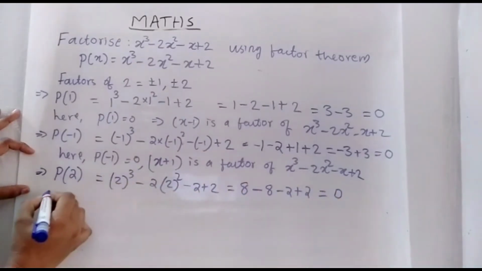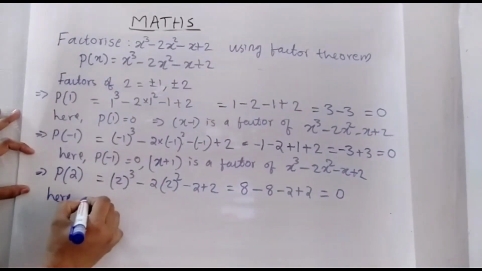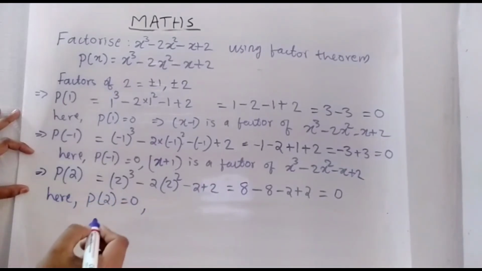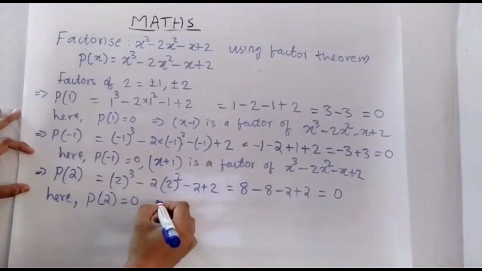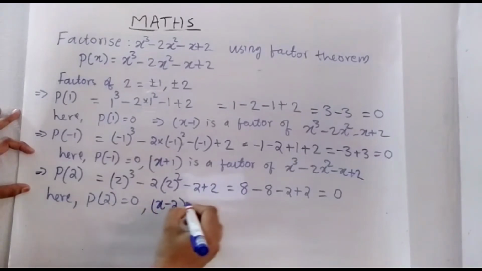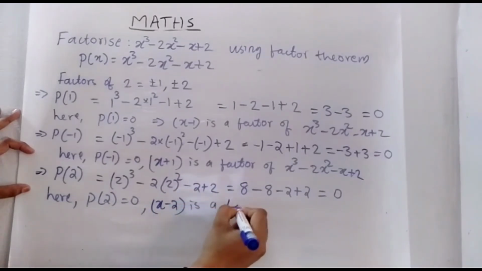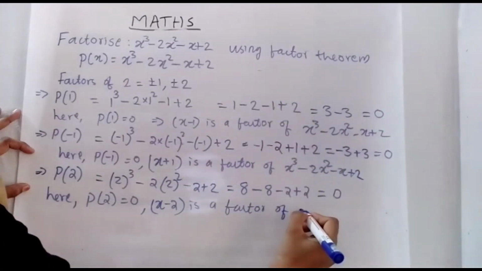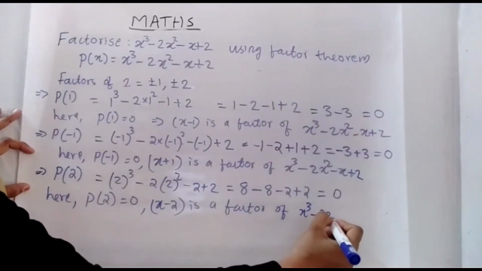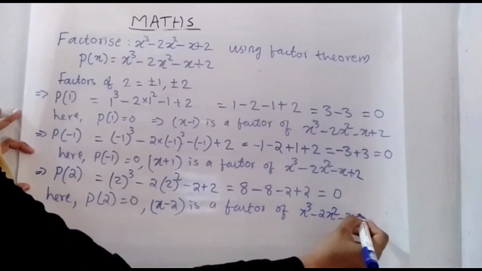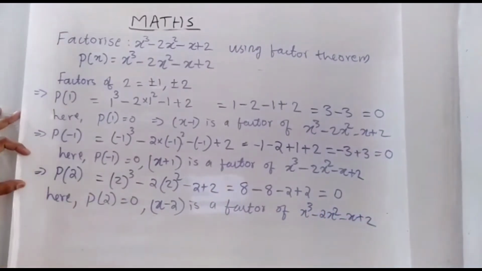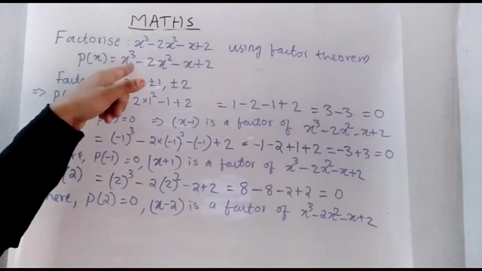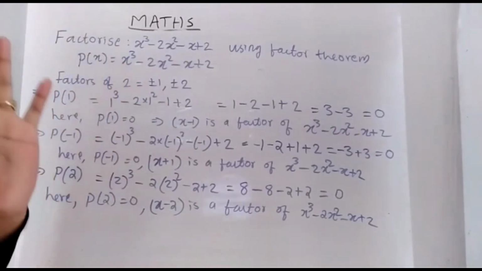Yes, we got p of 2 also equal to 0. That means x minus 2 is a factor of this polynomial x cube minus 2x square minus x plus 2. So we got three factors. So let's stop here. Why? This is a cubic polynomial, so we need only three factors.